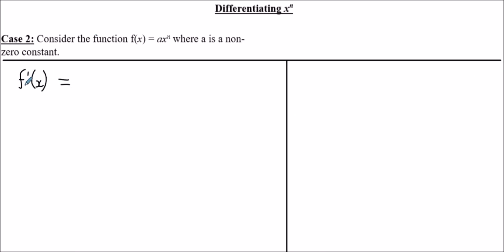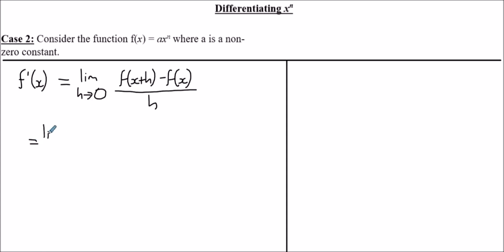f dashed x all the time is going to be the limit, as h goes towards 0, of f of x plus h minus f of x all over h. Now this time, it's very similar to our previous example, but here we have a multiplicative constant at the beginning of x to the power n.